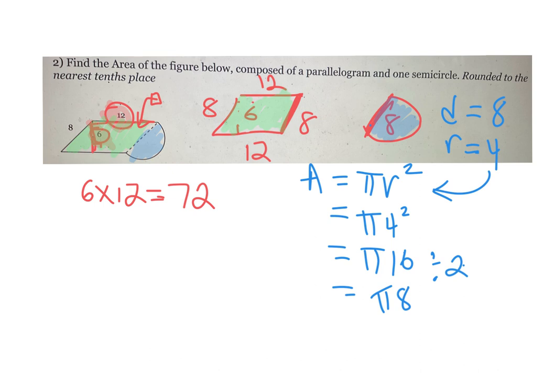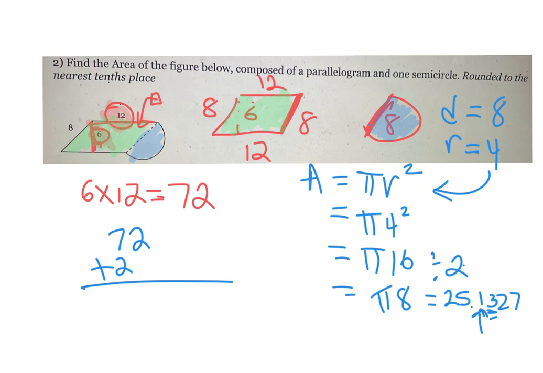Last but not least, we're going to have to add these together. So if I said 72, we're going to add that with 8 pi. 8 pi, if I calculate that out, would be equal to 25.1327, and it keeps on going. But if we round it to the nearest tenth, that's only 1 digit after the decimal. And the number in back of the 1 is 3. So we're not going to round it up. We're just going to keep it as it is.